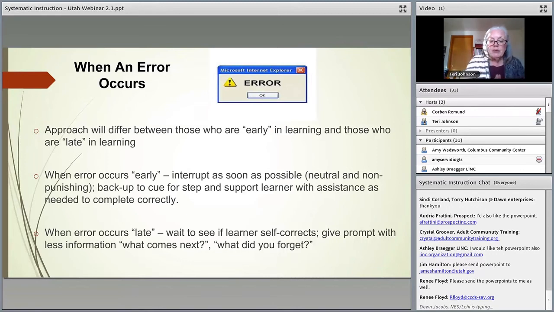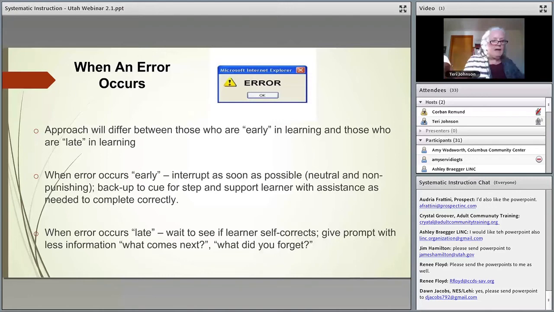Another thing that I might do is stop the learner with just a little bit of information to see if they self-correct. Things like, what comes next, or is that next, or what did you forget? It just draws people's attention to the task. What you can watch for then is, do they focus? Do they have that aha moment and move on?